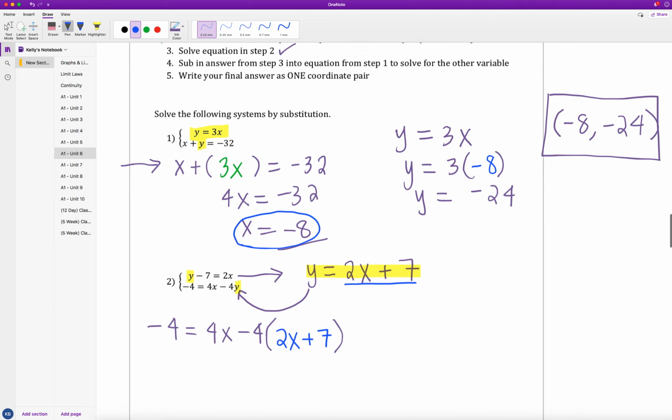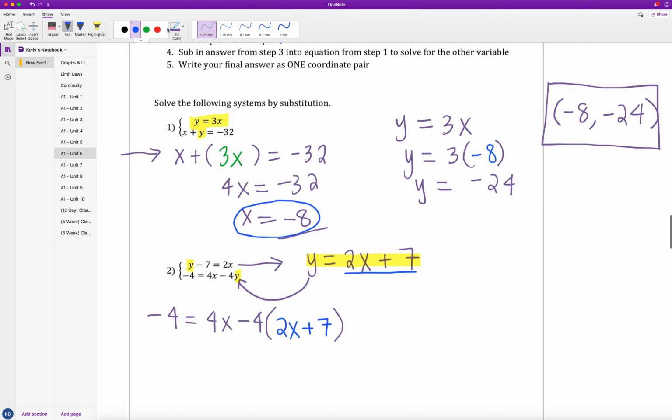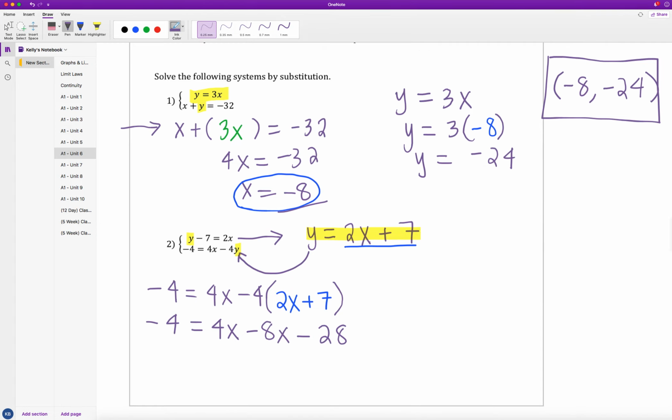Now that we have our new equation just in terms of x, I'm going to go ahead and solve this for x. First thing would be to distribute the negative 4. So I get negative 4 equals 4x minus 8x minus 28. From here, I want to combine like terms. On the right-hand side, 4x minus 8x will give me negative 4x.